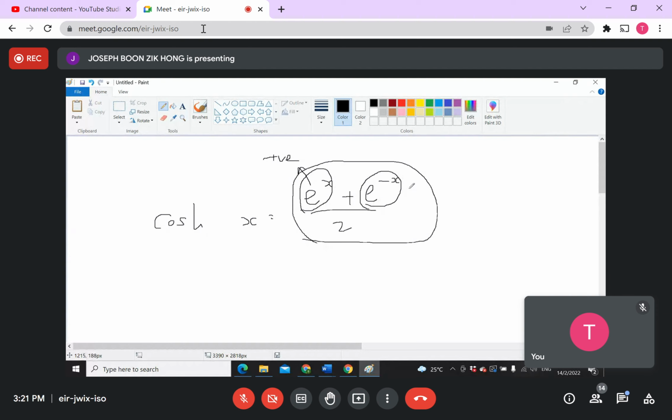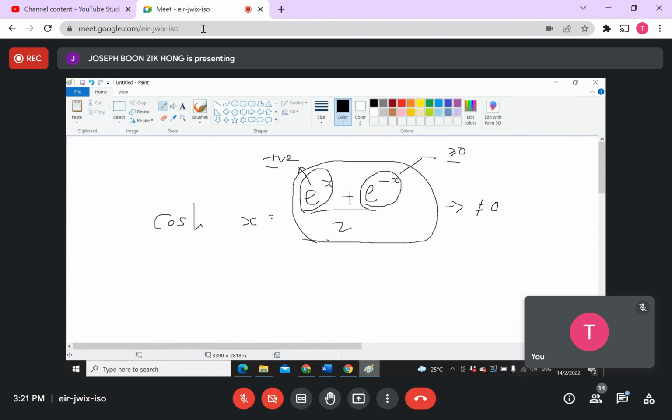But the least is 0, so it will be greater or equal to 0. Logically it must be greater than 0. So something positive plus something near to 0 or greater than 0, then divide by 2. Of course, this one you won't get 0.